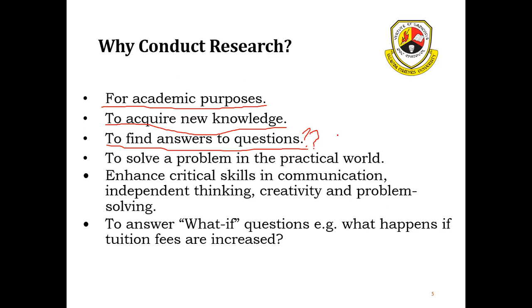vaccine, what is the most effective way to vaccinate people? Because right now the vaccines they've given are temporary, they wear off after some time. But you have other vaccines which we've seen over time, vaccines which are quite effective, and they last over time.